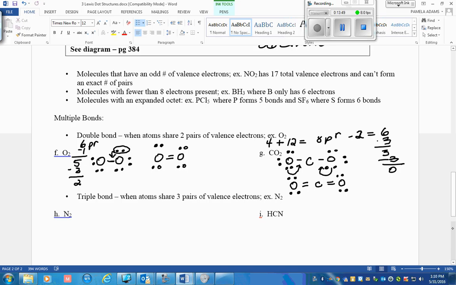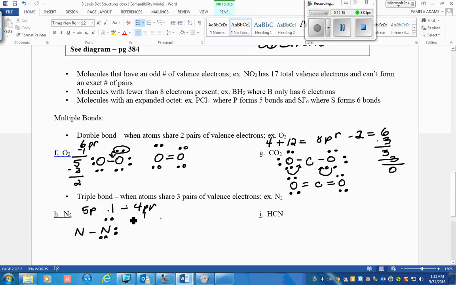Nitrogen is famous for having triple bonds. The diatomic molecule N2 has a total of 10 valence electrons, or 5 pair. When I make the left one the central atom, the right one the ligand, I use 1 to hook them together, 4 pair to satisfy the octet rule. 1, 2, and 3.